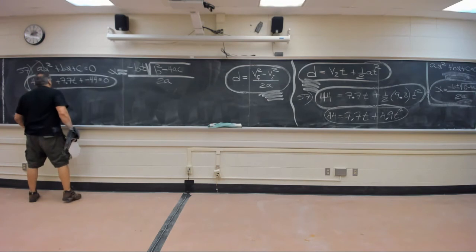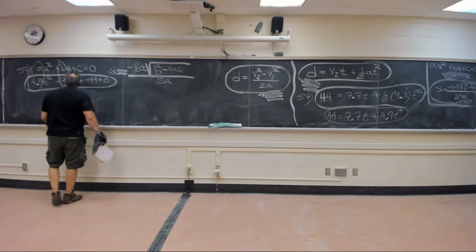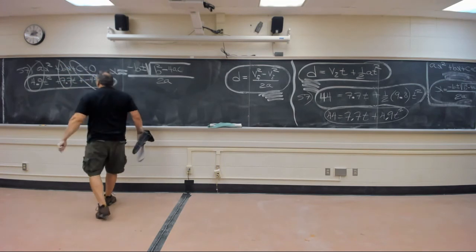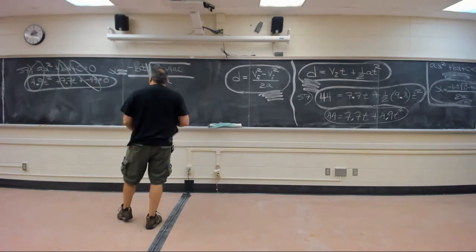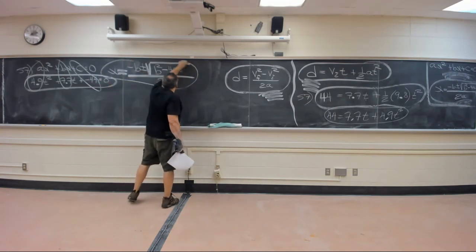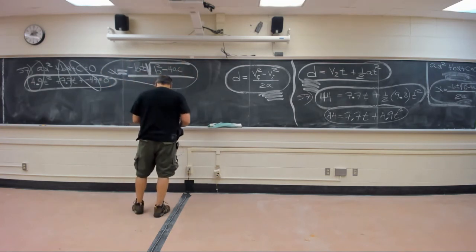A is 4.9, B is 7.7, and C is negative 44. You're going to put all of that right there.